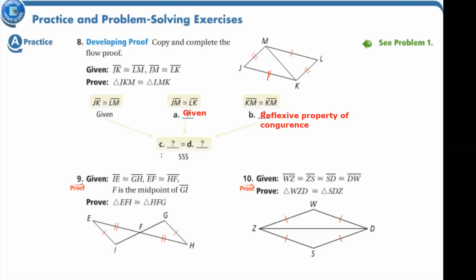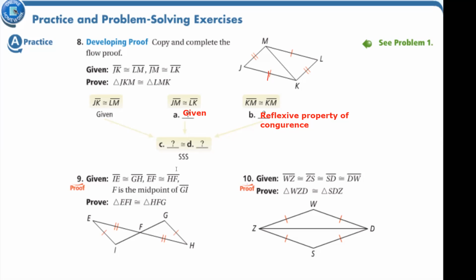The second one here now. After I said that JK is congruent to LM, JM is congruent to LK, and KM is congruent to KM also, what does it mean? What do I have to write down because of SSS? That means which triangle is congruent to which triangle?